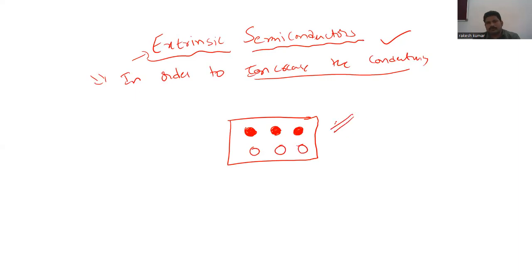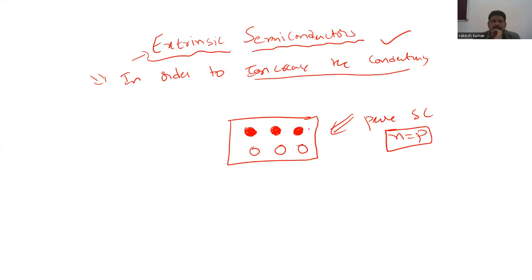What is the condition in a pure semiconductor, that is, an intrinsic semiconductor? The number of electrons is equal to the number of holes. Generally this number will be in lakhs, but just for understanding purposes, I am taking only 3.